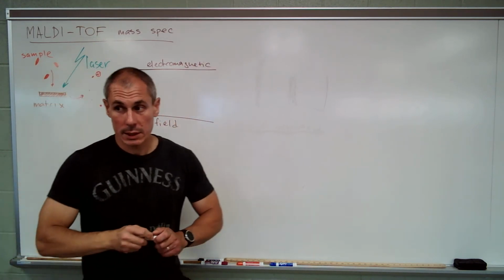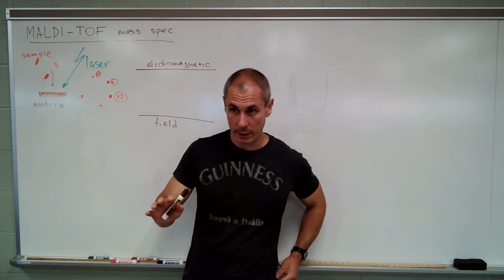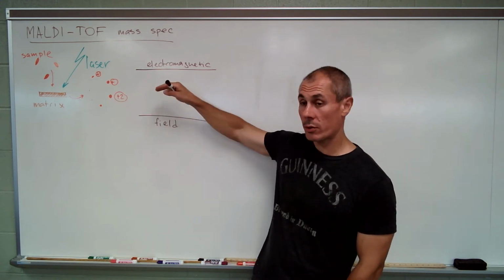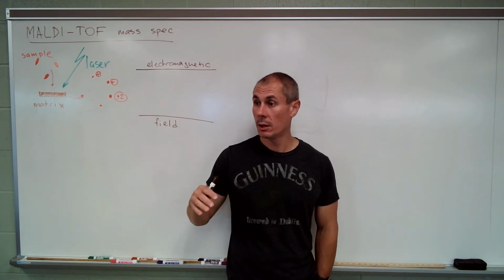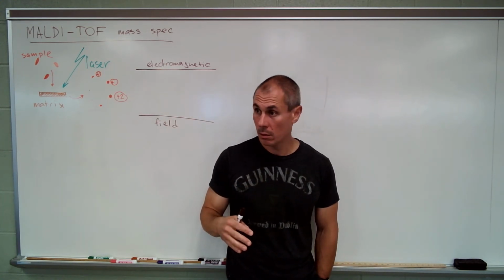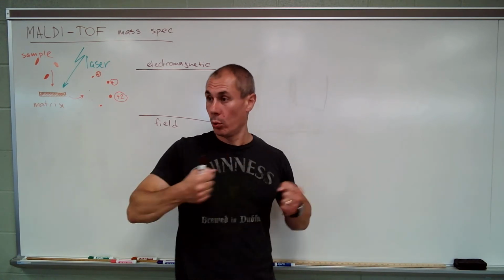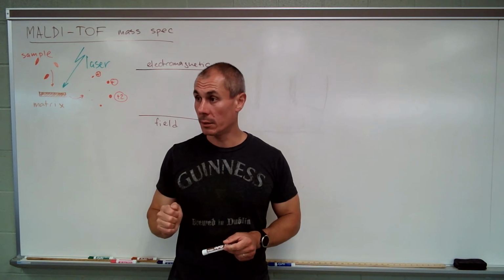I'm going to make one statement just so everybody agrees. So when charged particles enter the electromagnetic field, they start flying. Does that make sense? Because electromagnetic field kind of pulls them. Are we clear?